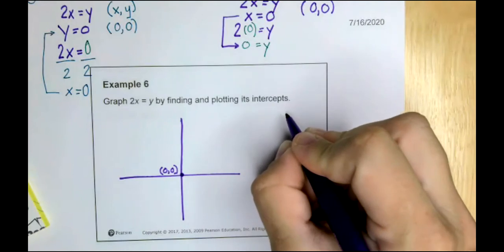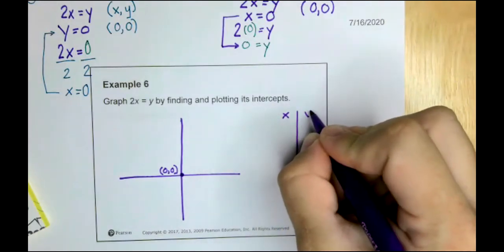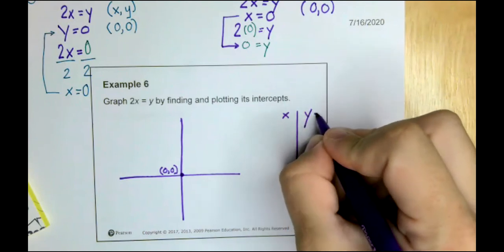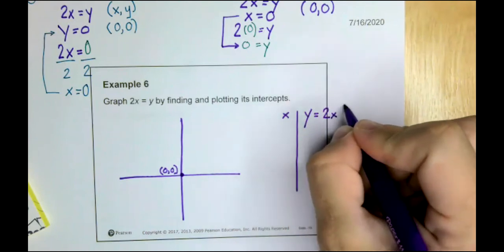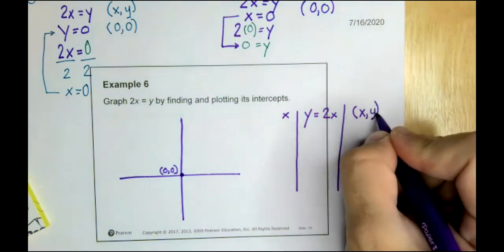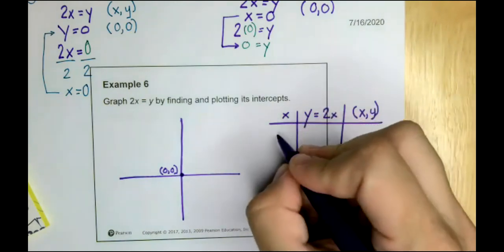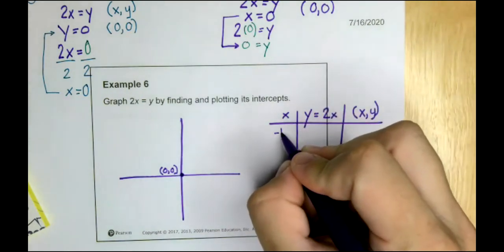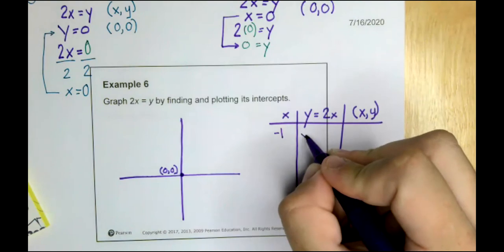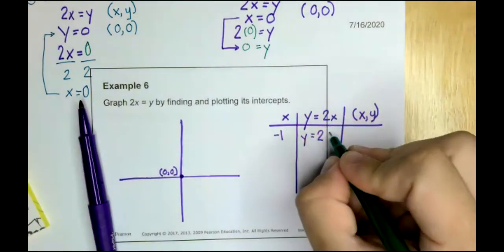All right, so we have x, y, and then xy. We can't use the point 0. I'll use the point -1. So y equals 2, and then I'm going to replace x with -1.